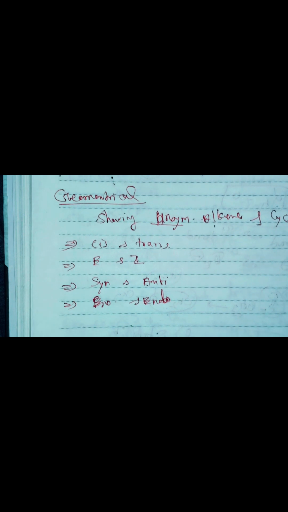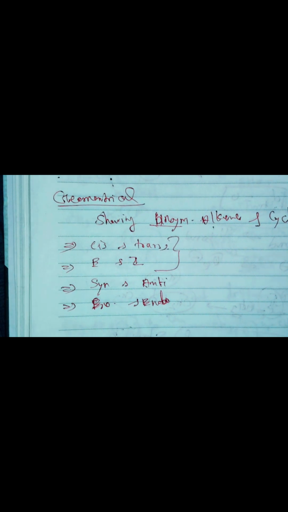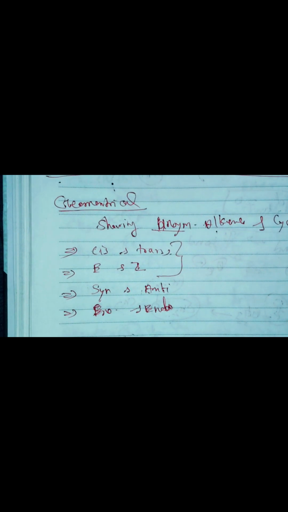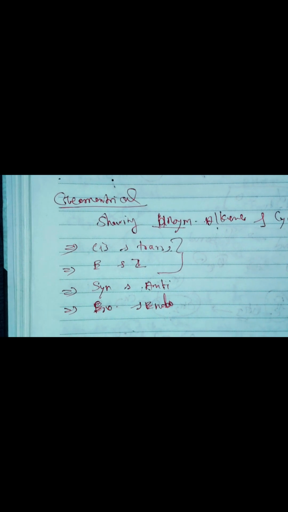At our higher secondary level or NEET level, cis-trans and E-Z isomer representation is enough for a NEET aspirant. The remaining two are also there. These are the basic geometrical isomerism representations. Now we go one by one. First of all, the cis-trans isomers.